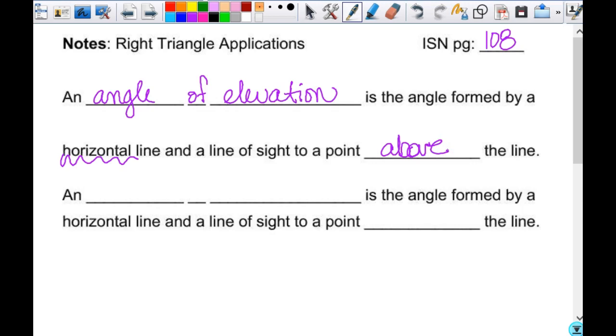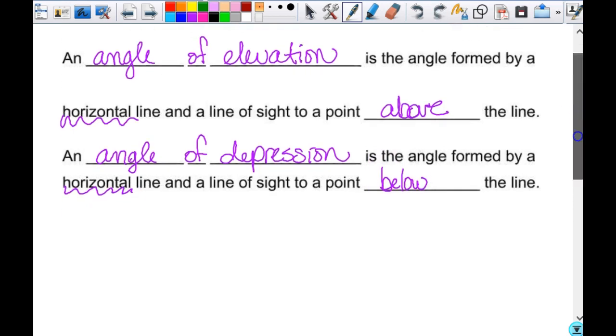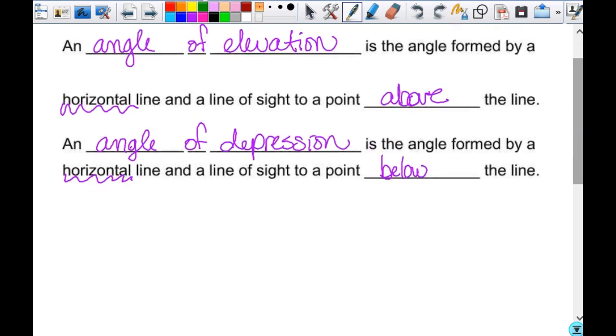And then an angle of depression is an angle formed by a horizontal line and a line of sight to a point below the line. It's that simple. There's really nothing hard about it, but I do see it done wrong a lot.